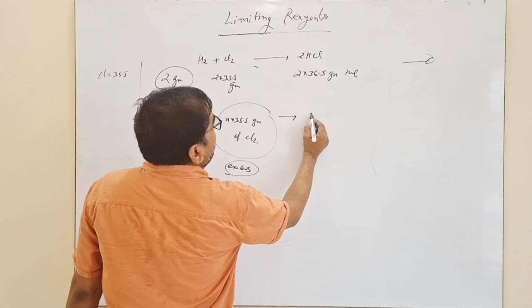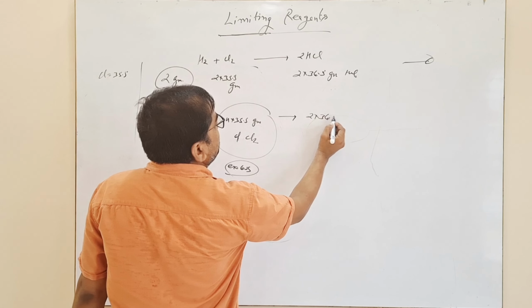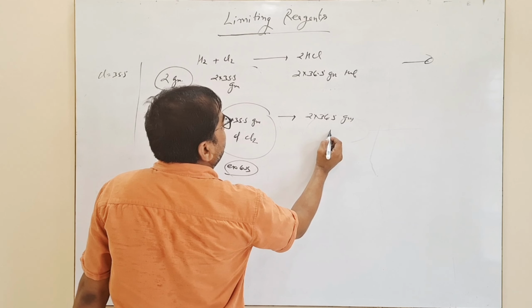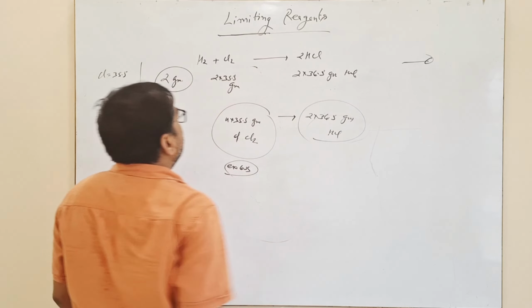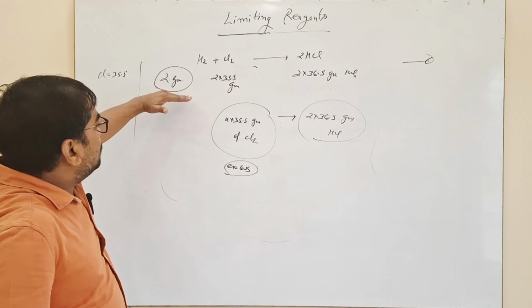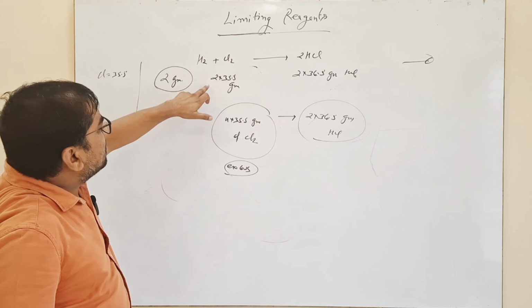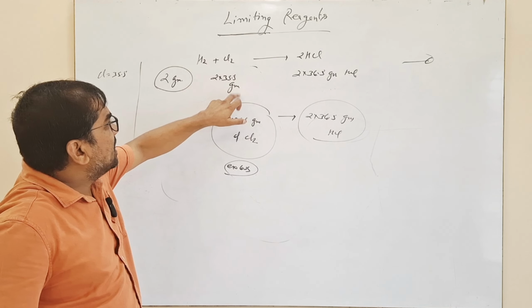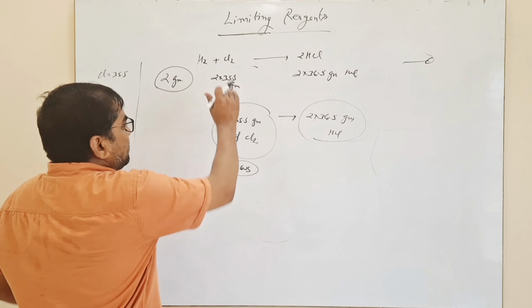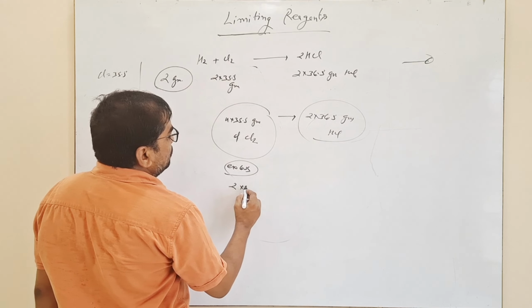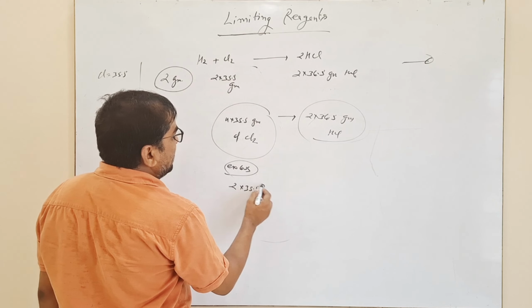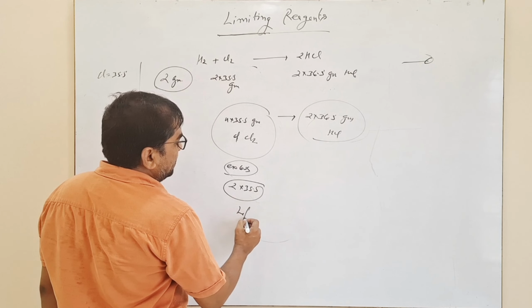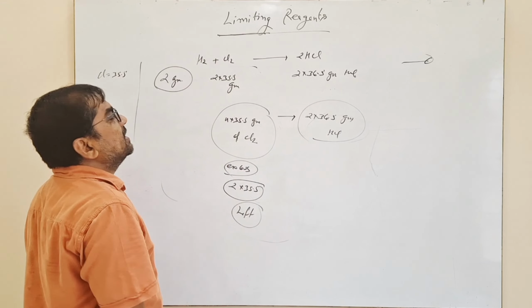It will again be 2 into 36.5 gram of HCl. Why? Because 2 gram of hydrogen will completely react with 2 into 35.5 gram of chlorine, and the rest, 2 into 35.5 gram of chlorine, will be left in the container.